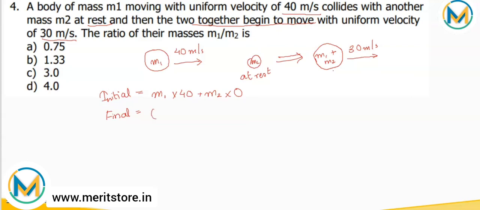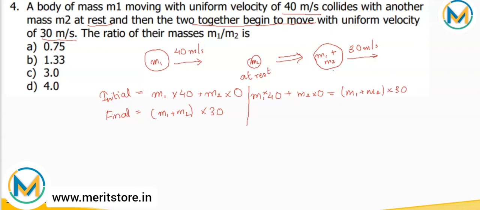Here it is m1 plus m2 multiplied by the velocity, that is 30 meter per second. Now, by the law of conservation of momentum, the two should be equal. So m1 into 40 plus m2 into 0 is equal to m1 plus m2 into 30.